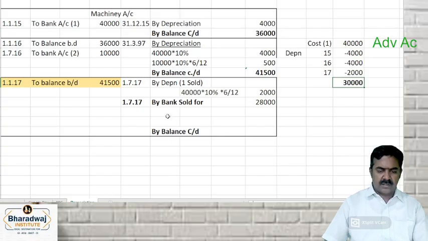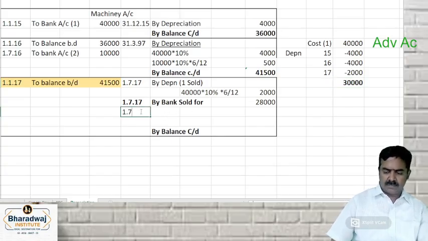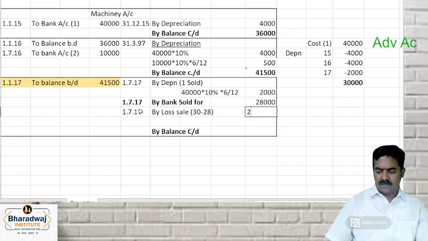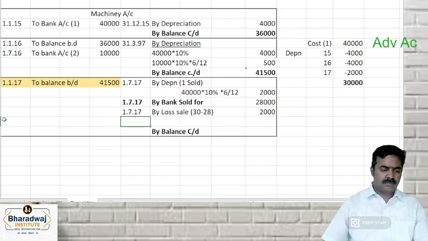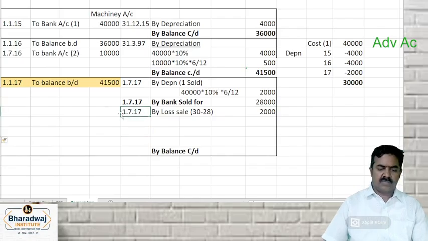Sold for 28,000, so loss on sale. Loss on sale. Next.